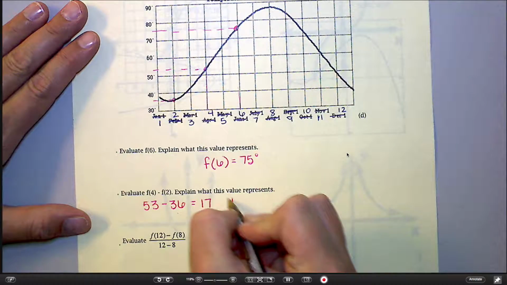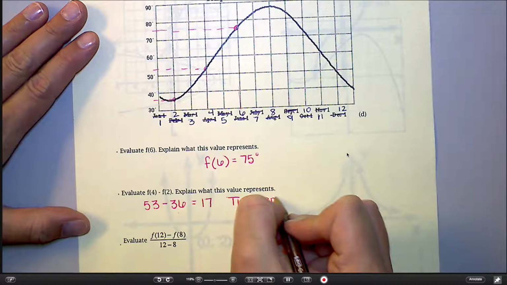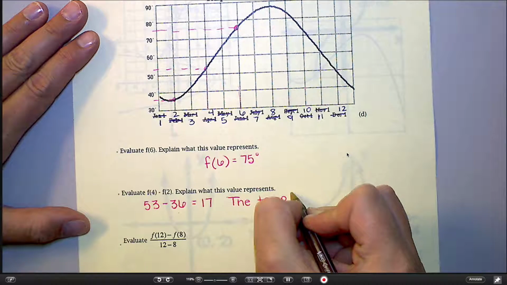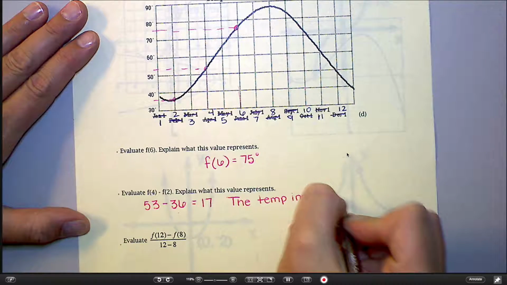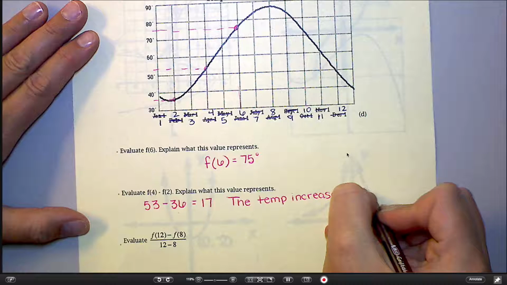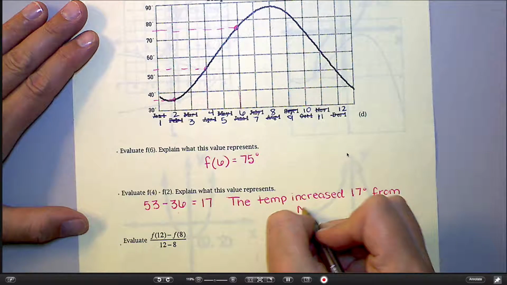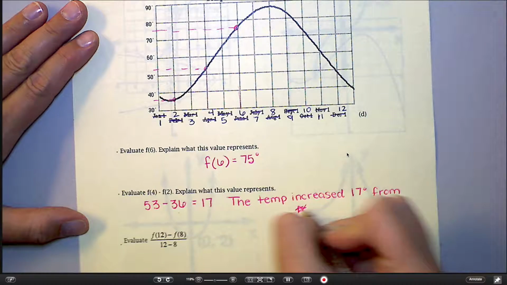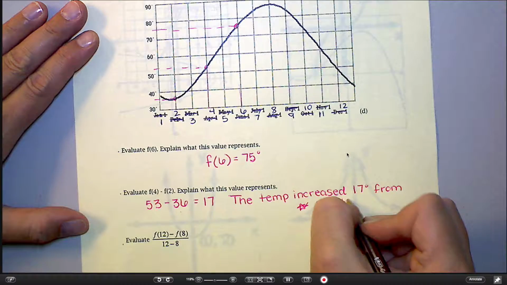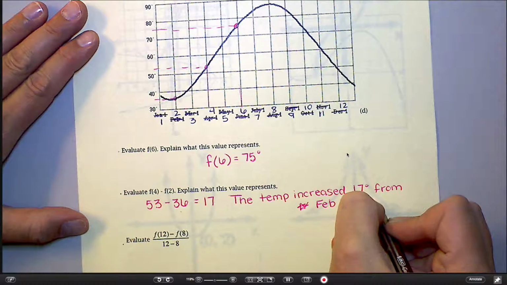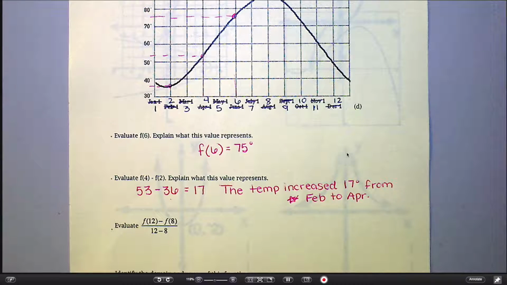So the temperature increased 17 degrees from March. No, just kidding. From February. Why I'm so fixated on March to April. Okay, so from February to April, we saw a net increase of 17 degrees.